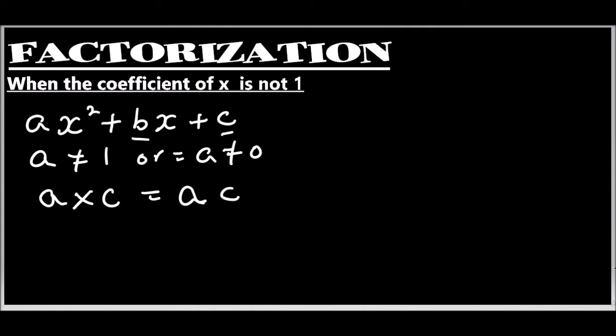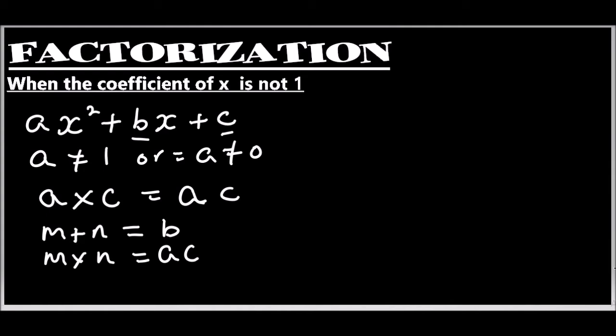Once you get that, then you get two numbers such that when you add them, m plus n, that should give you the coefficient of x, which is b, and when you multiply them, you should get the product ac. So that's the difference. But maybe you understand better when we do an example.